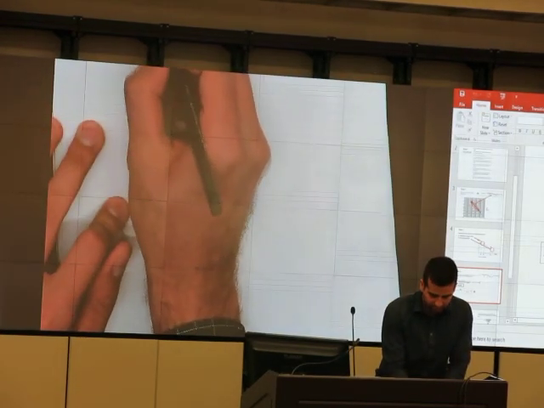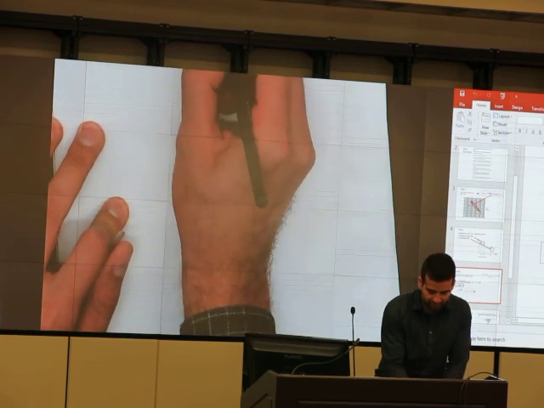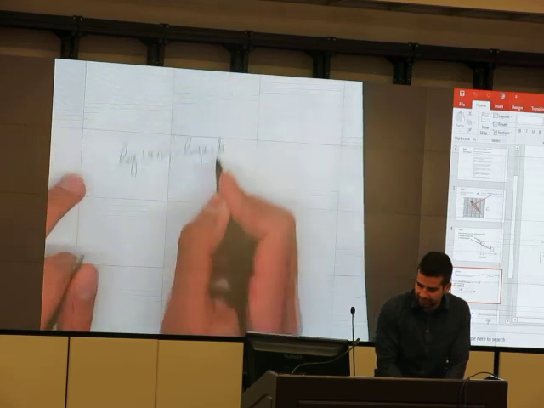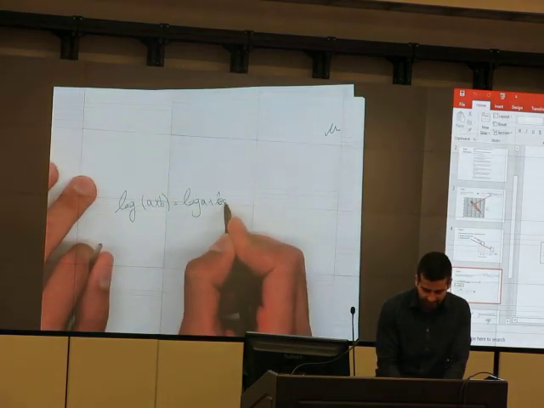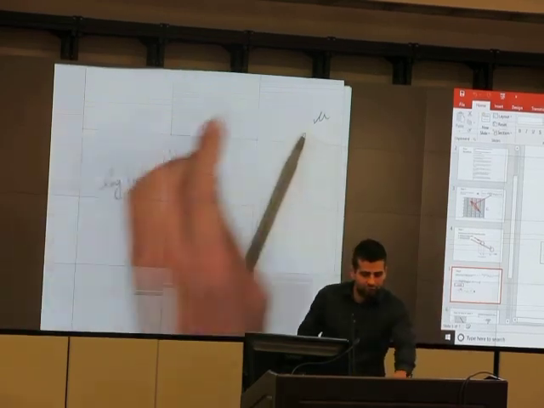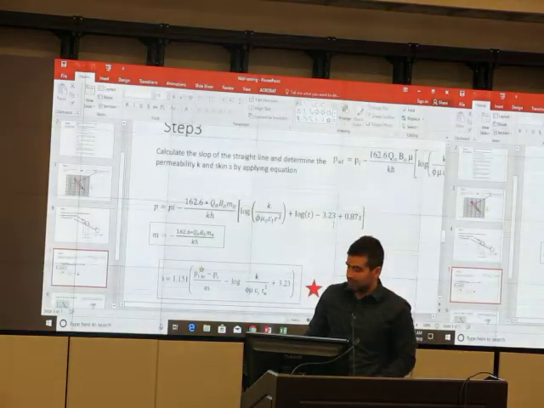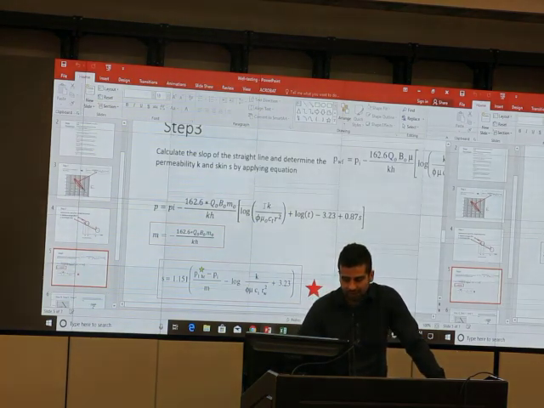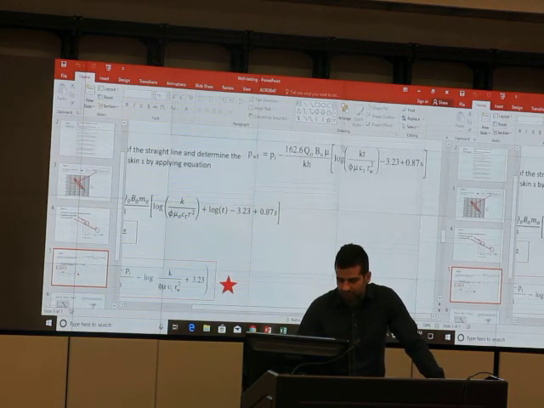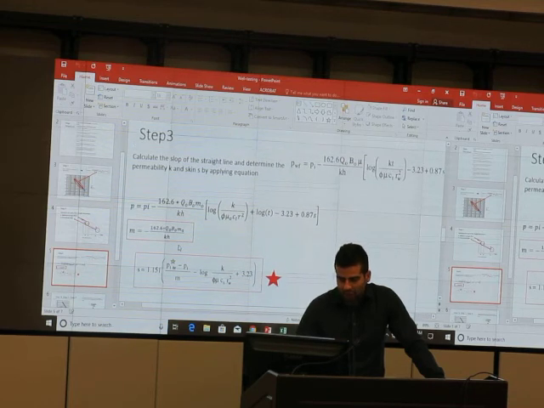So log of A multiplied by B equals log A plus log B. You know this law? So you basically apply this to this equation, and separate log of t from the rest.